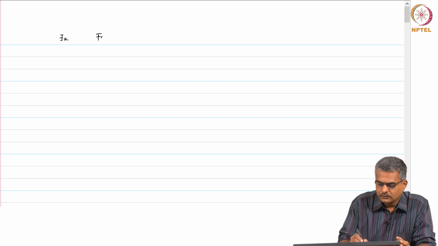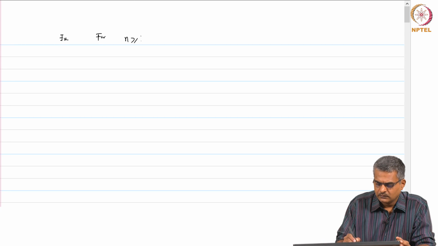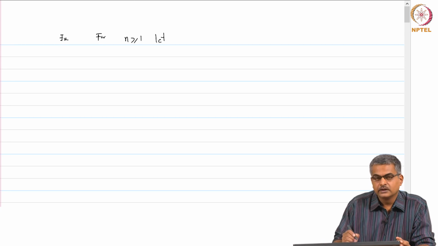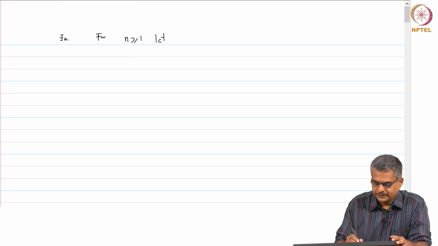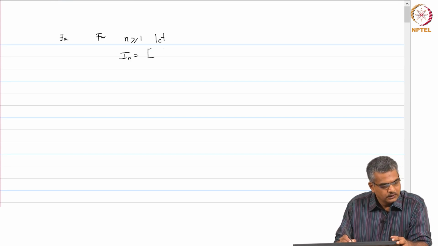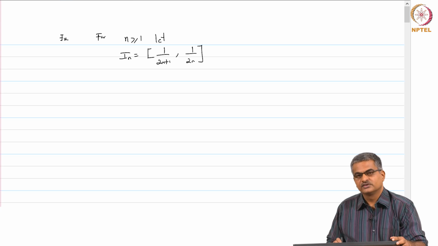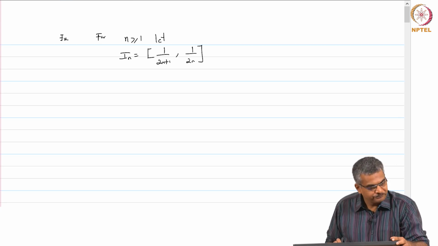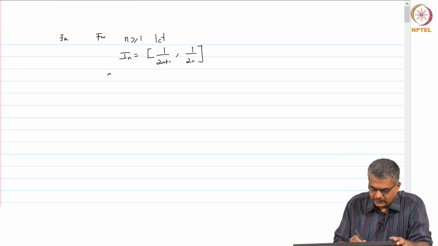For n greater than 1, let us define an interval I_n as [1/(2n+1), 1/n], n any integer greater than 1. And define the set S as the union of I_n for n equal to 1 to infinity.